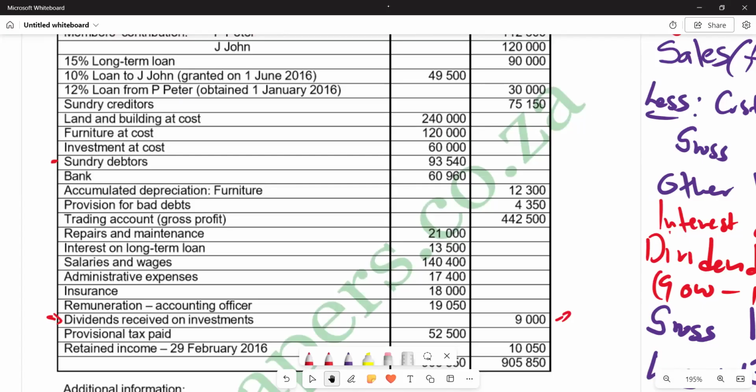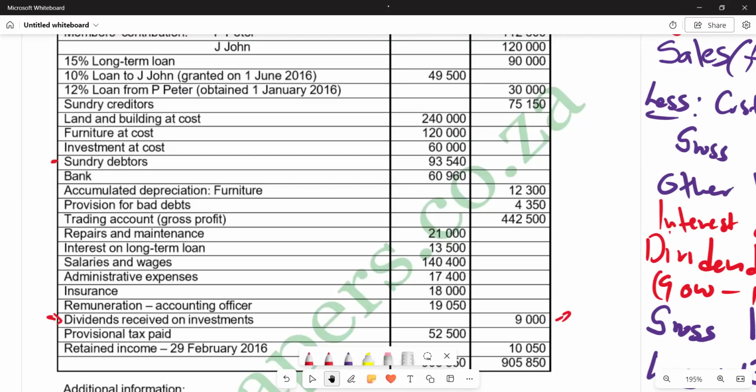You see that we don't have anything to do with administrative expenses, so we take the figure we are given, 17,400, as our administrative expenses.